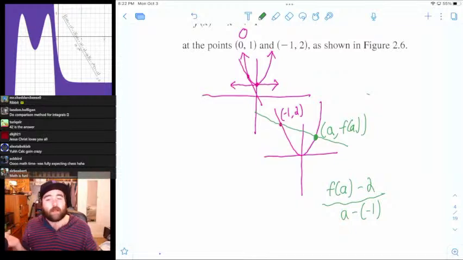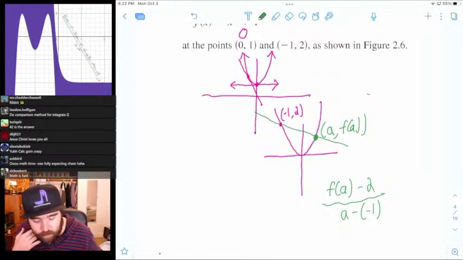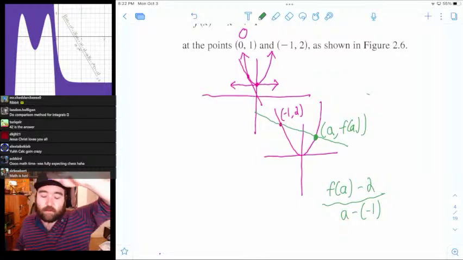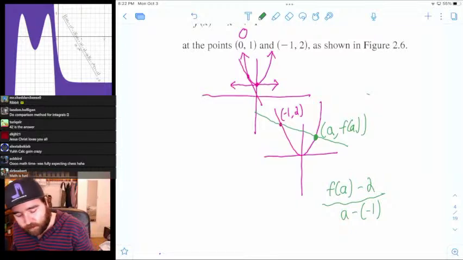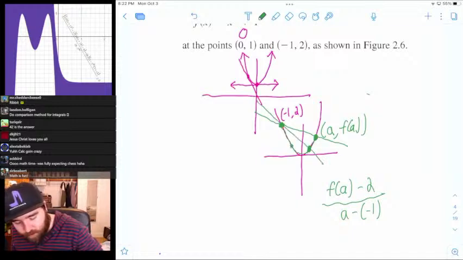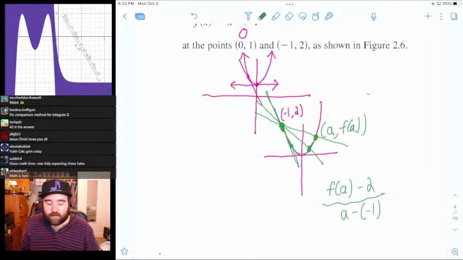But then how do we get calcy with it? How we do it in calc is because we don't want the slope between the 2 points. We want to see what happens as we drag that point closer to this point. Because see, as we drag it closer, we get that line, we drag it closer, we get that line, and by the time they're directly on top of each other, we basically just have the tangent line.